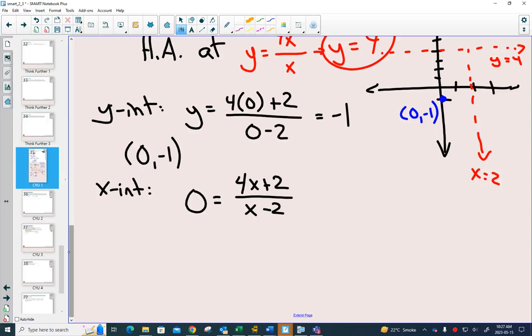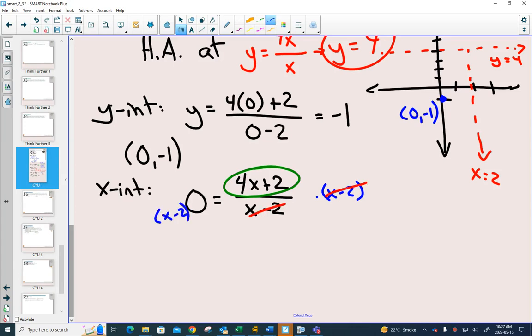So as a shortcut, some students just say, I just need to find out when the top is equal to 0. Mathematically, if you are actually solving this, the first thing I would tell you to do is get rid of your fraction by multiplying both sides by x minus 2.